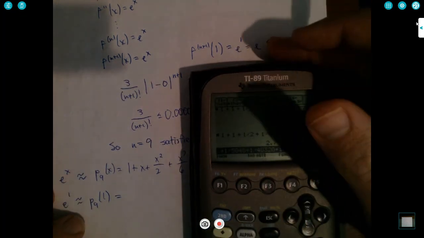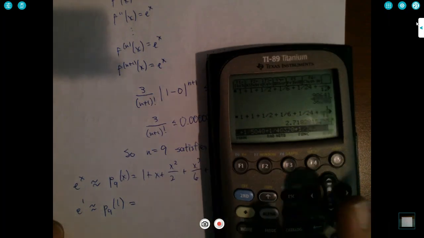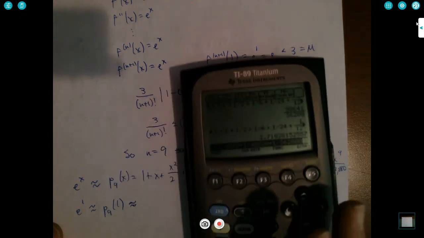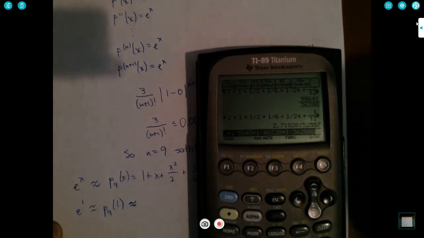So we wanted to do this to five decimal places, right? So I'm going to round this off to 5 decimal places. So to 5 decimal places, we have 2.71828.